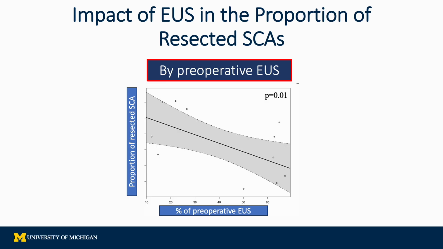And we noticed that the rate of the resected serous cystadenomas declined as the proportion of preoperative EUSs conducted increased. So this is telling us that by performing endoscopic ultrasound, perhaps we are able to reduce unnecessary surgery for serous cystadenomas. However, this does not necessarily eliminate the problem. We still have patients who have indeterminate cysts despite the conventional evaluations with EUS.